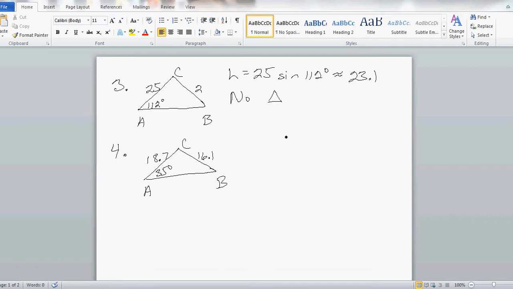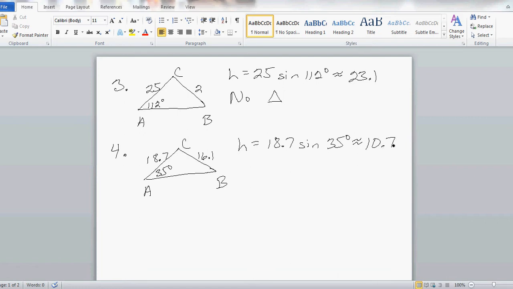So now it's time to calculate this. H is equal to B times the sine of 35 degrees, which equals approximately 10.7.